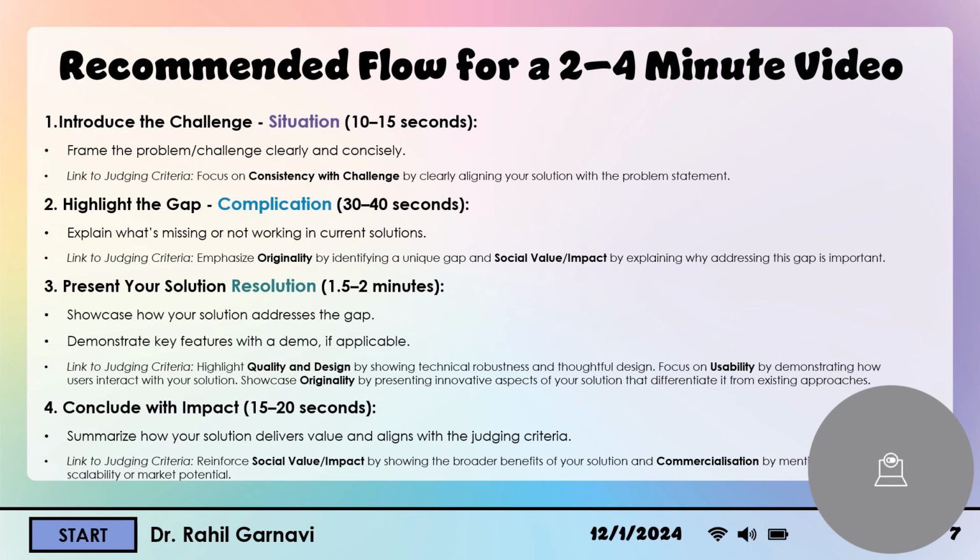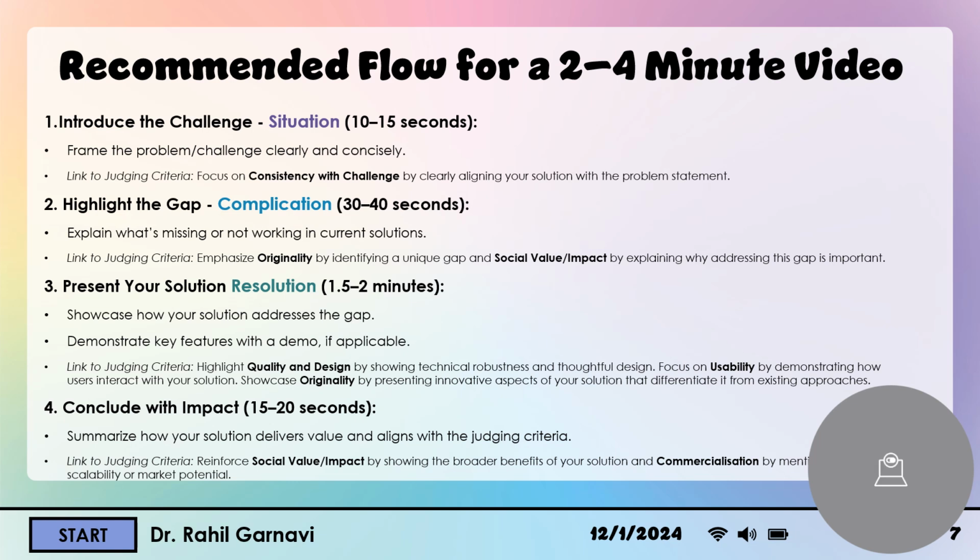Let's break down how to structure your 2 to 4 minute presentation. Start with the challenge, the situation. Spend about 10-15 seconds framing the problem clearly and concisely. Then move to the gap, the complication.